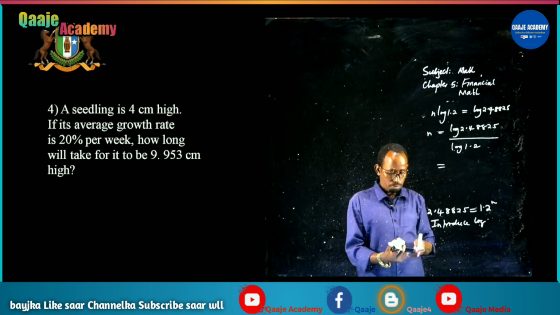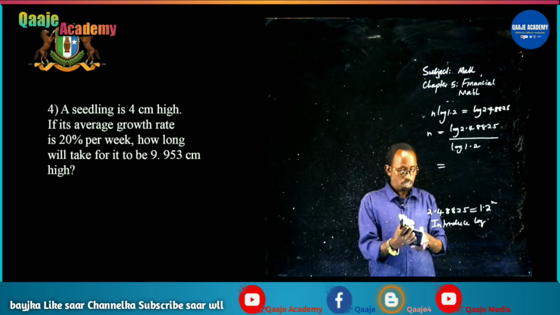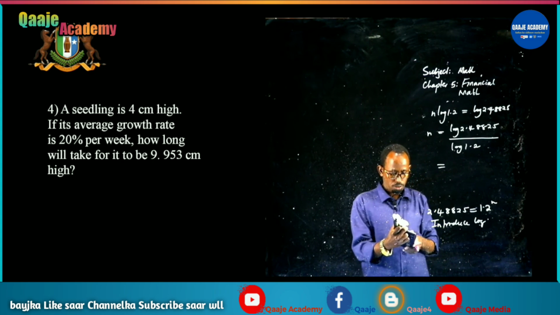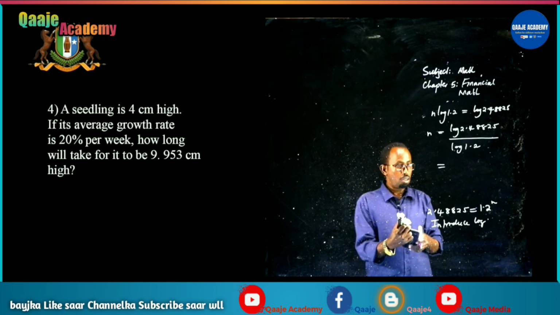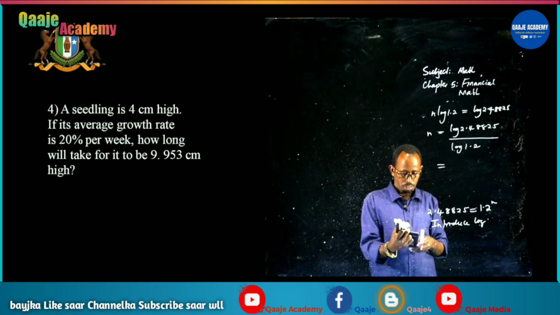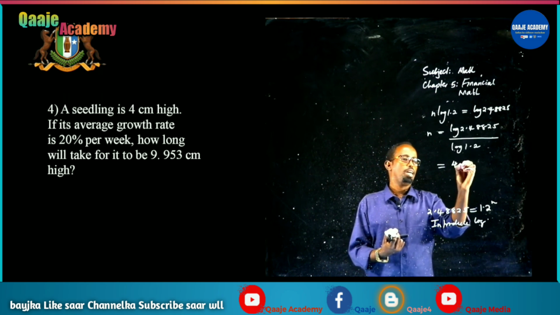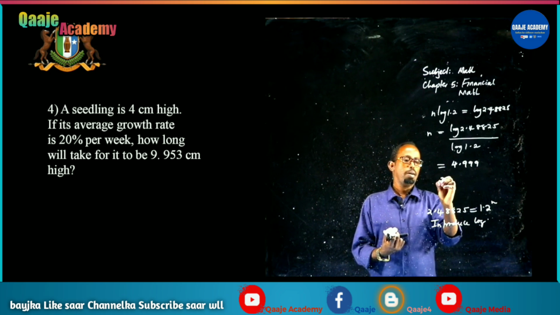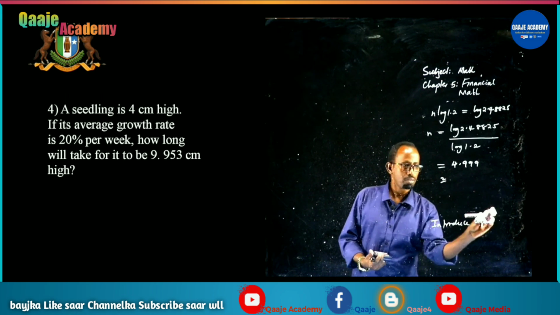So I divide the two. Log 2.48825 divided by log 1.2, I get 4.999. Approximate n is 5 years.